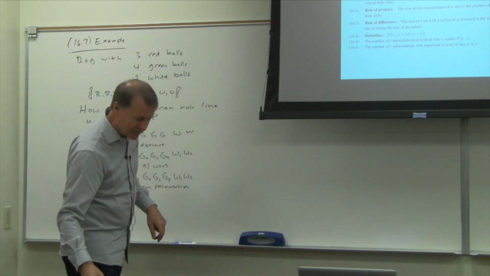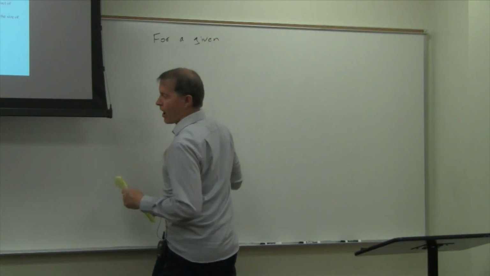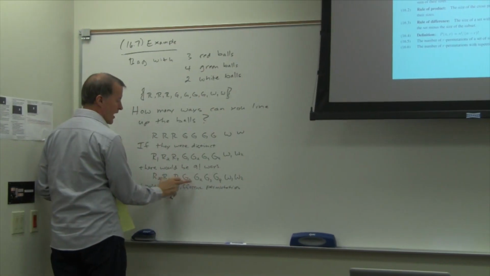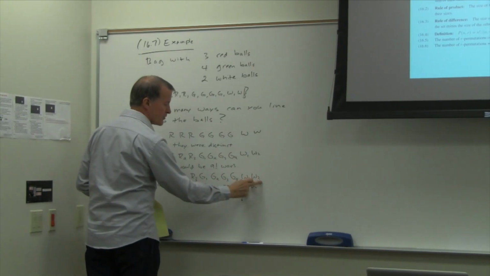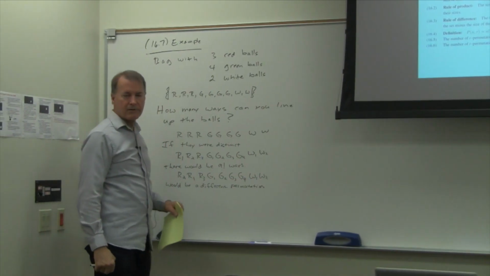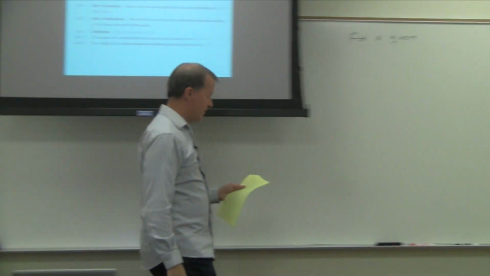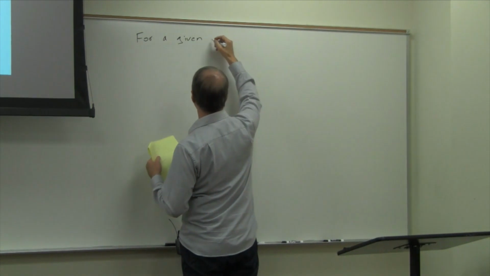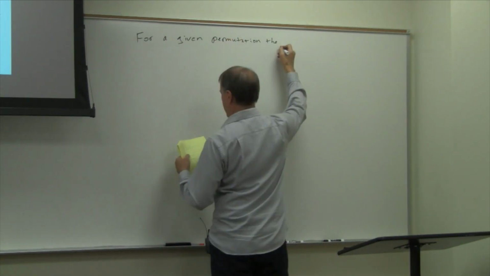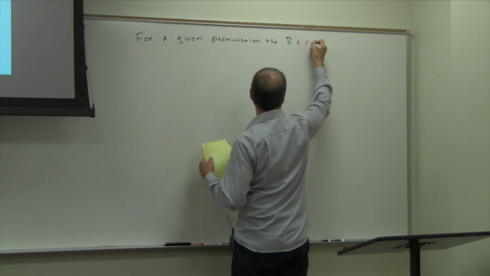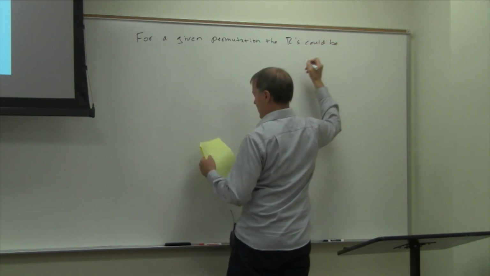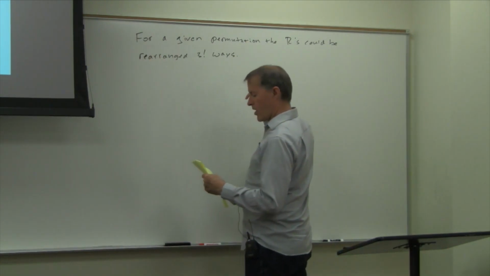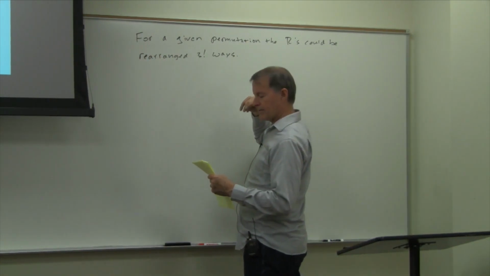So let's write that out. For a given permutation, here's what we're off by. We're off by 3 factorial here, and 4 factorial here, and 2 factorial here. 6 divided by 6 is still 1, it's not 0. So for a given permutation, the R's could be rearranged 3 factorial ways. So the R's are not distinct.